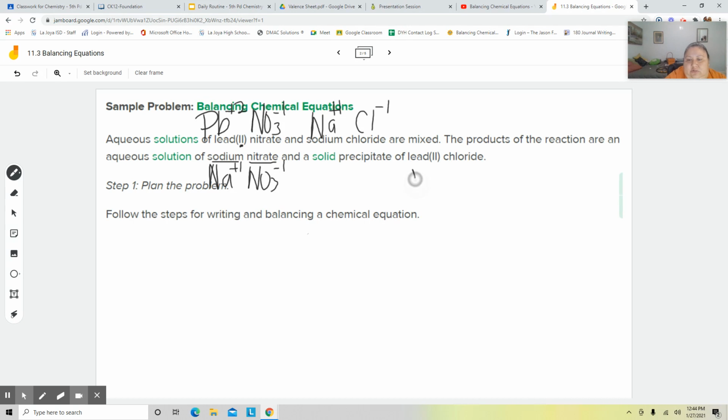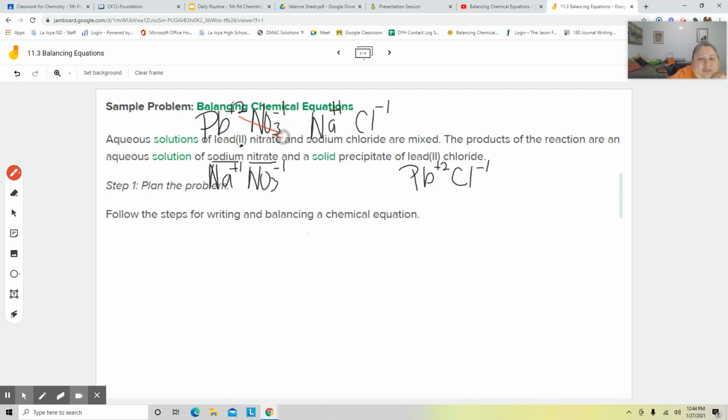Lead-2, don't we know lead-2? We know it's Pb with a +2, and chloride is Cl with a -1. Now that we have the ion and the symbol and the charge for each element that's present, we can write formulas, right? Okay.